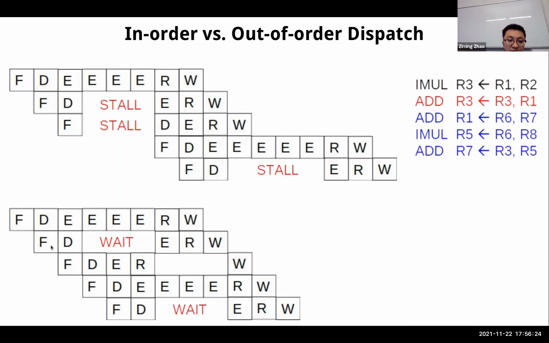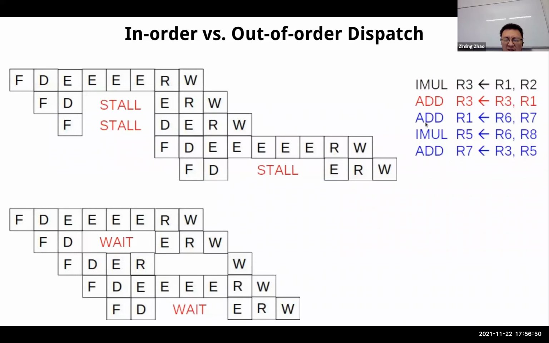The second instruction, we fetch, we decode, but we still have to wait here because the second instruction relies on the first instruction. The second instruction uses R3 as the input, and R3 is the output of the first one. So we have to wait here, okay? There's nothing we can optimize for this one.